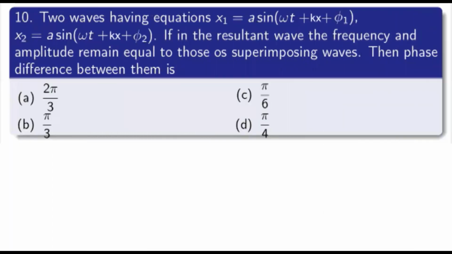Next question. Two waves having equation x1 equals a sine(omega t plus kx plus phi 1) and x2 equals a sine(omega t plus kx plus phi 2). If in the resultant wave, the frequency and amplitude remain equal to those of the superposing waves.